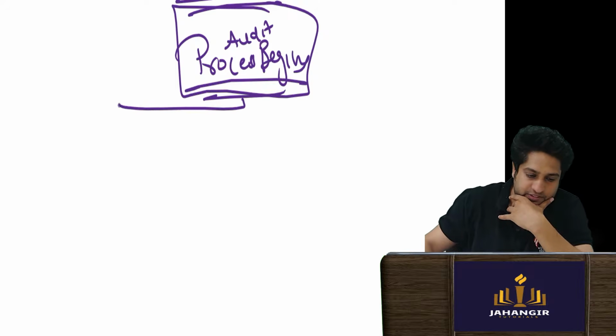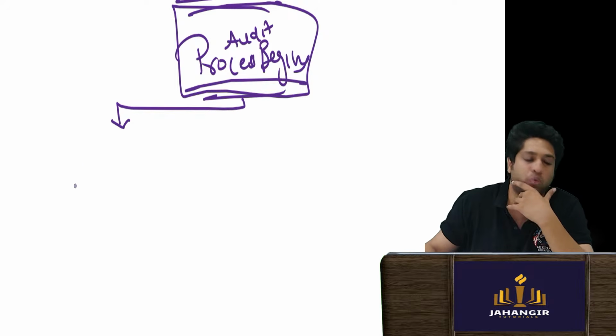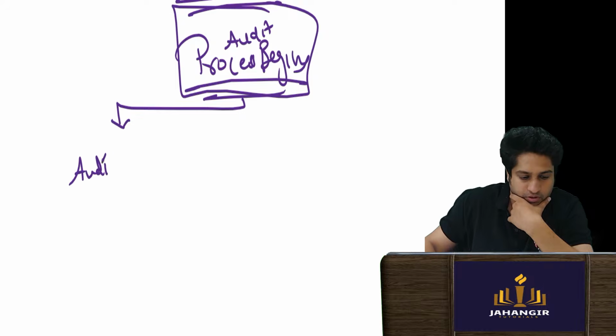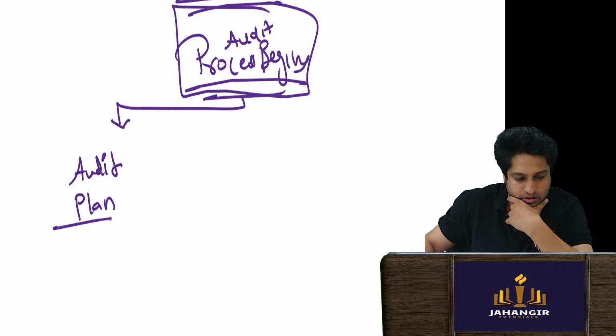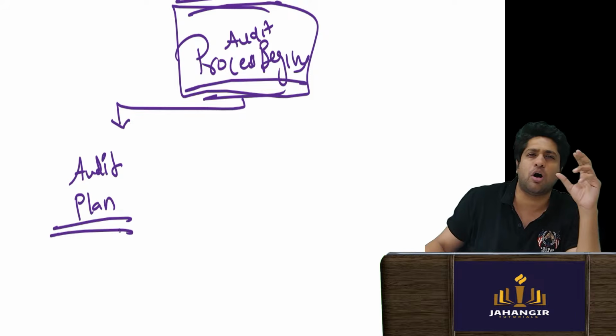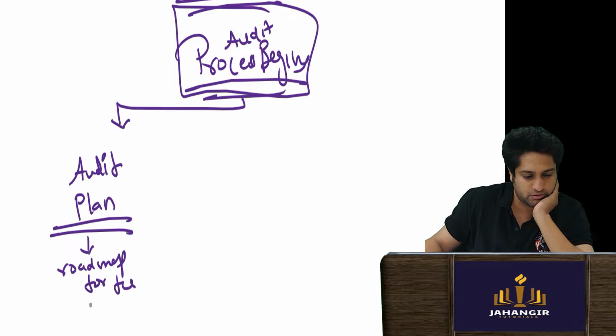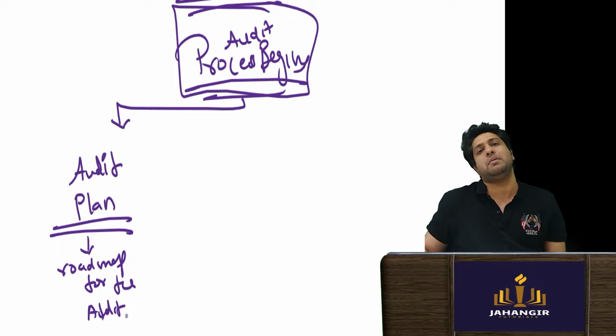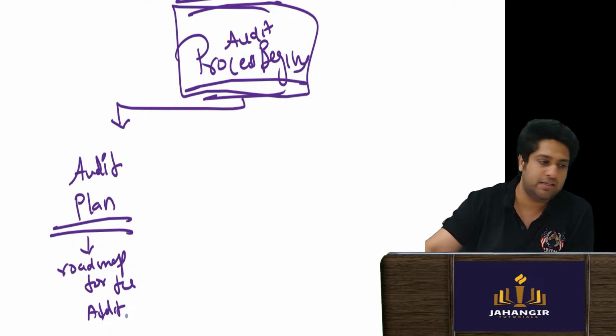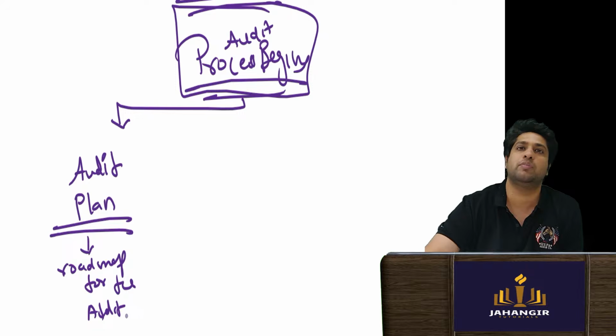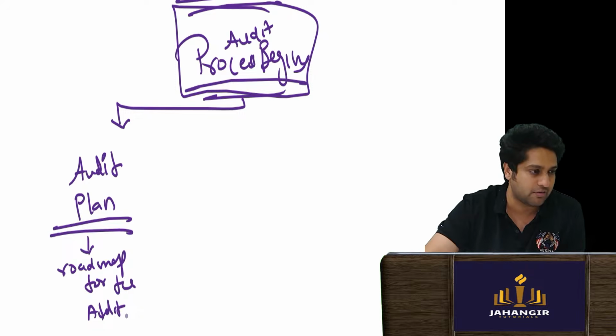The very first thing, a plan will be made. What will be made? An audit plan. An audit plan is a broad roadmap for the audit. Now, what will be there in the roadmap? Are you all with me? I am trying to explain an overview, and then we will see everything covered. Clear?